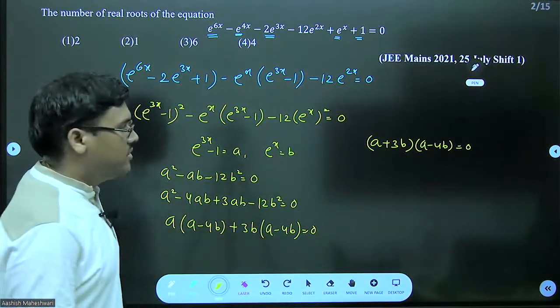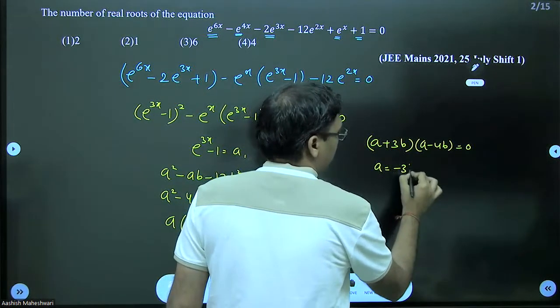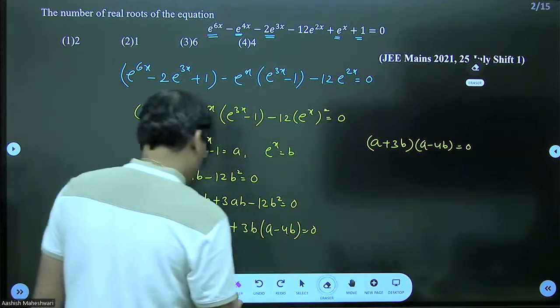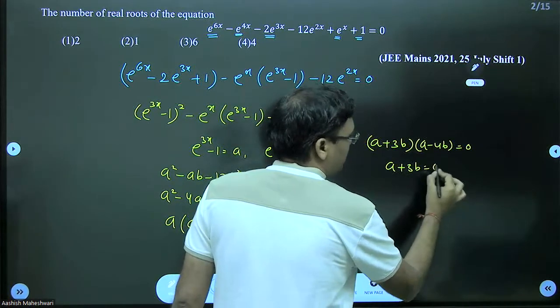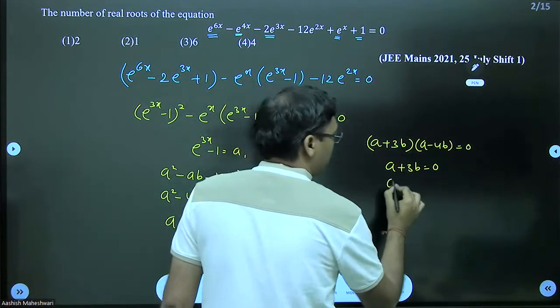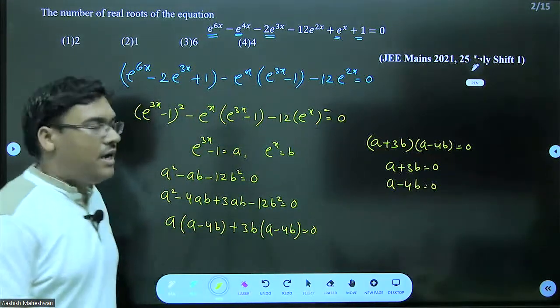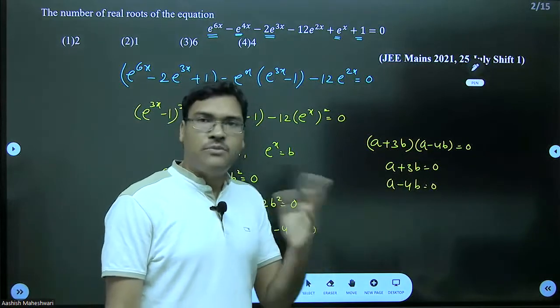We know this, right? So there are two possibilities here, that a plus 3b is equal to 0. There can be some roots from this term, a plus 3b is equal to 0, and there will be some roots from the equation a minus 4b is equal to 0. Okay? अब इनसे आपको क्या, how many roots you will get from these equations, ये आपको सोचना है, ठीक है?